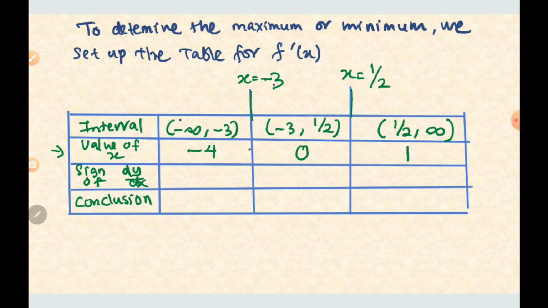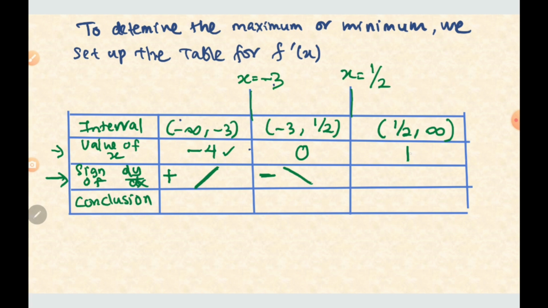Then you have to substitute this value into dy dx. When you substitute negative 4 into dy dx, you will get the answer is positive. So the slope is positive, means it is increasing. When you substitute 0, the dy dx is negative and it is decreasing.